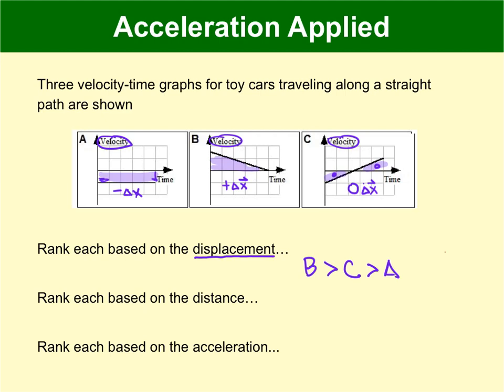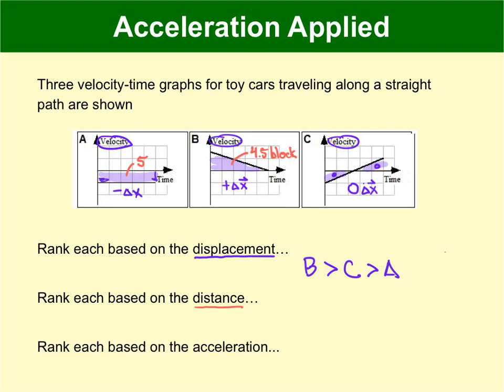Now let's look at distance. Distance does not matter whether you're going forward or backward, but simply how much you cover. So here we can just look over here. We have 5 blocks. Over here, I'm going to say we have 4.5 blocks for B, because again, we're looking at the distance.